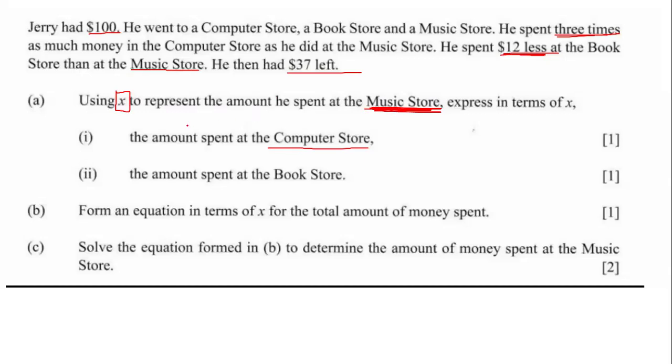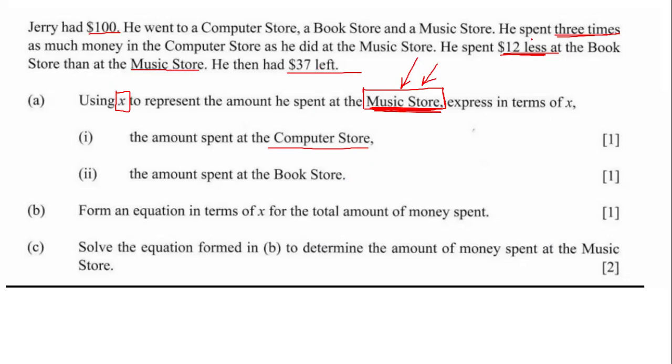So the amount of money spent at the computer store, right? So X is the amount of money that he spent where? He spent $51 at the computer store. Nope. X is the amount of money he spent where? At the music store, right?